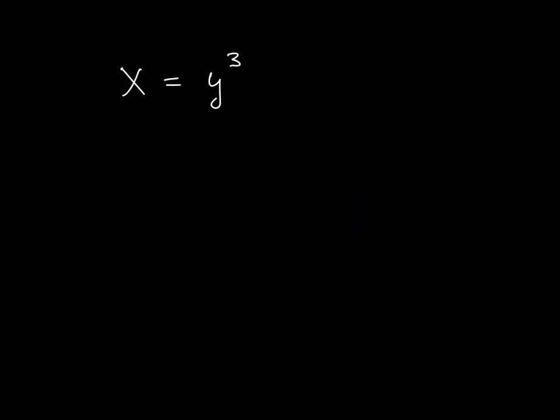Okay, so again, we want to do implicit differentiation on this. So we're going to take dx on both sides, and that's because the question would be to find the second derivative with respect to x.